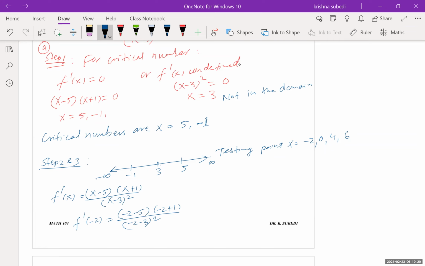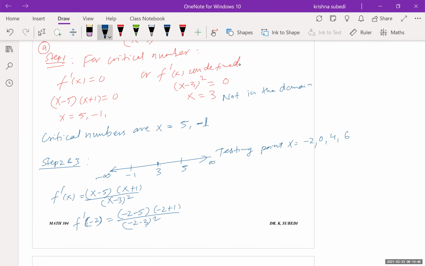Notice that the bottom part is always non-negative because of the square. Okay, so the only sign that you need to test is on the top part. Here we are not interested in the value, we are just interested in the sign, whether it's positive or negative. That's what we are looking for.